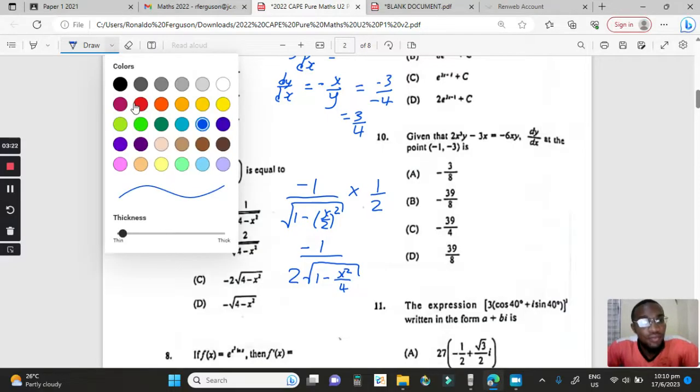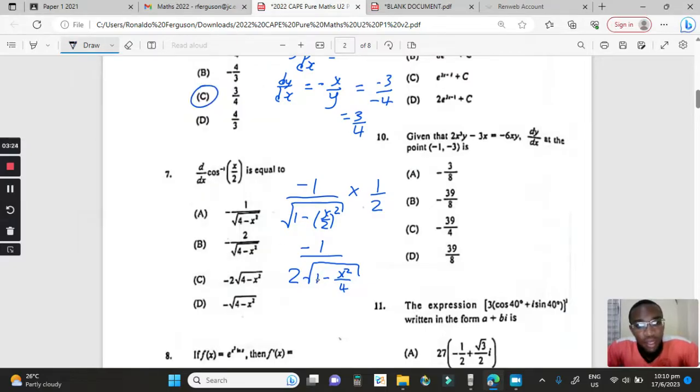Remember, I'm going to change 1 to 4 over 4, and I'm going to factor out a quarter. So I have minus 1 over 2 times the square root of a quarter in bracket (4 minus x squared).